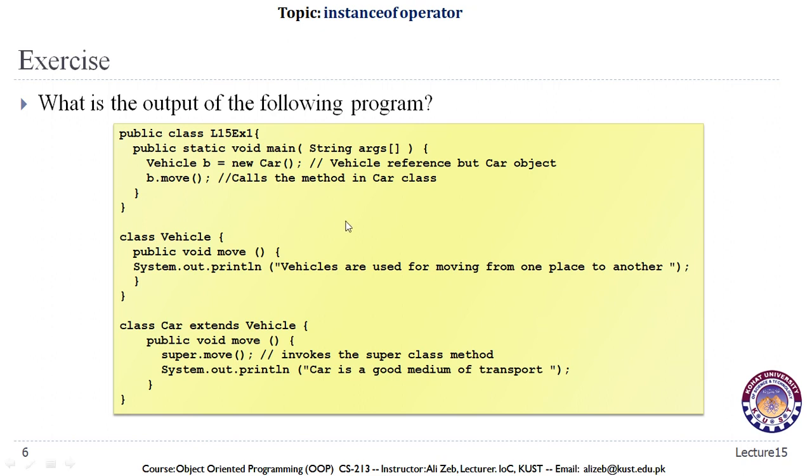We declare an object of the Car class using a reference to the superclass Vehicle, and then we use that object to call the move method. You need to guess which method will be called and what the output of this program should be.